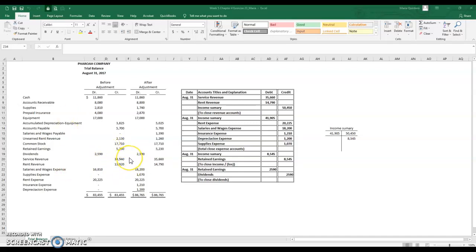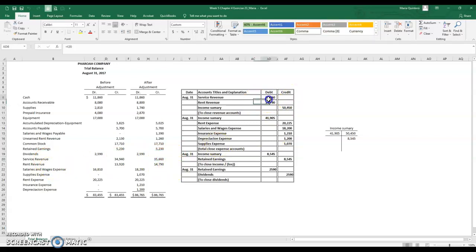We can see that they have a credit balance here. We will debit each of those accounts to close them.